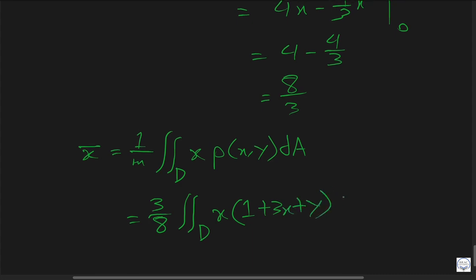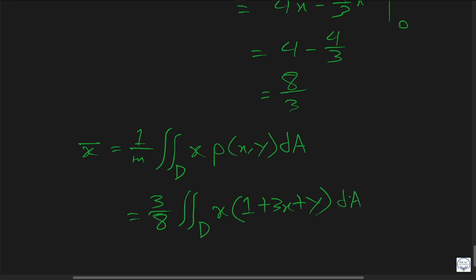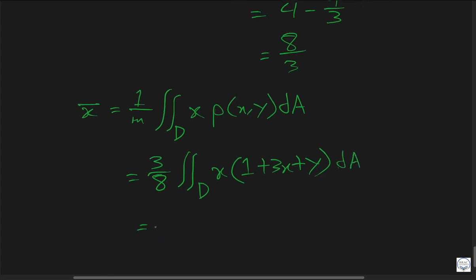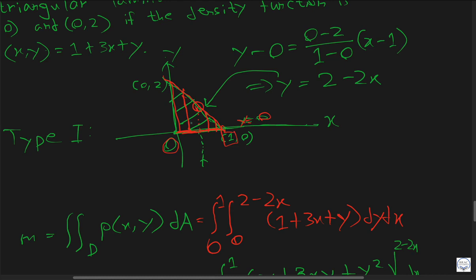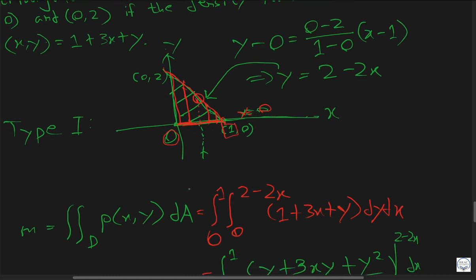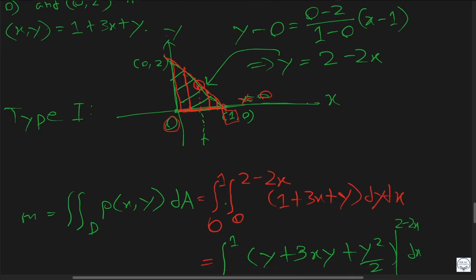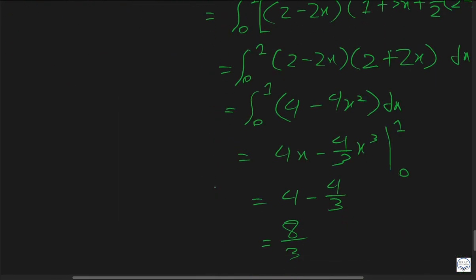Then we'll again do it in type 1 integration way. So we have dy dA. Let's write the limits in the next line. Now we already found the limits here. The region is still the same, no matter if we find the x coordinate or the y coordinate of the mass. So these limits will also work, which we already found.